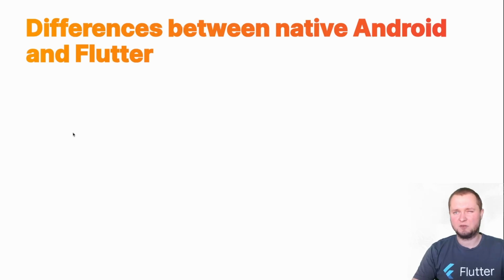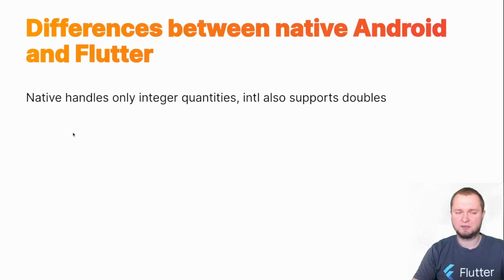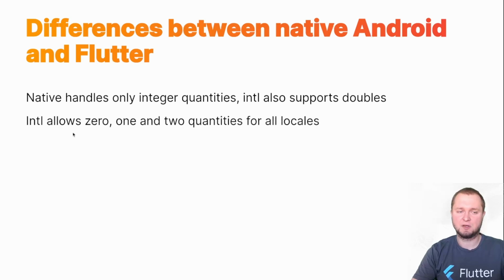Okay, so maybe just reuse the logic of the native Android checker, translate it into Dart and use it in Flutter. Well, it's not possible because native handles only integer quantities. However, the Intl package also supports doubles. And in some languages, like in Polish, some quantities are only for numbers with fractions.